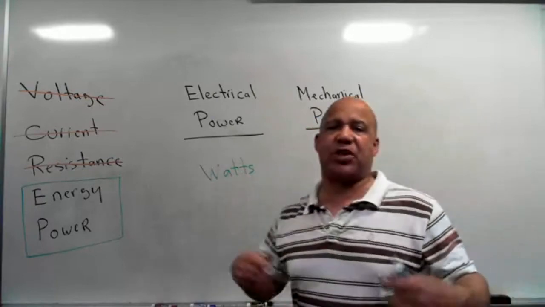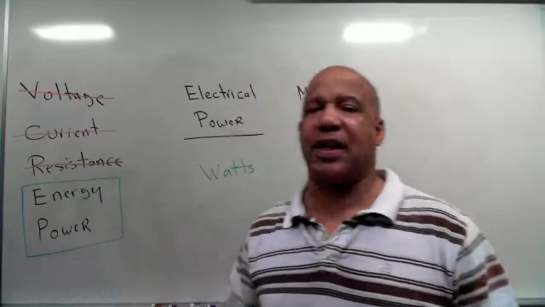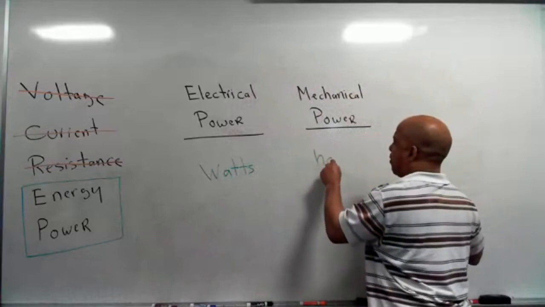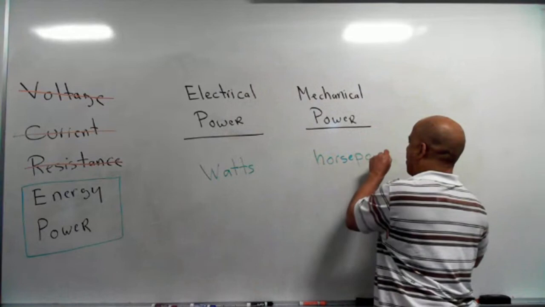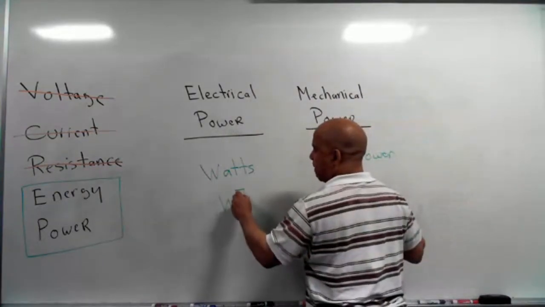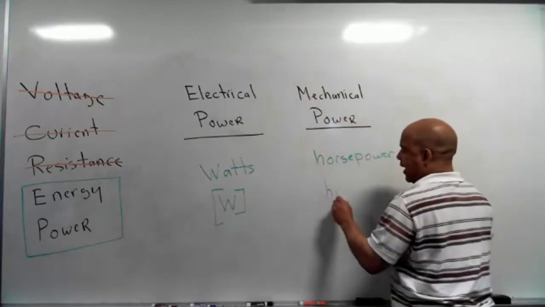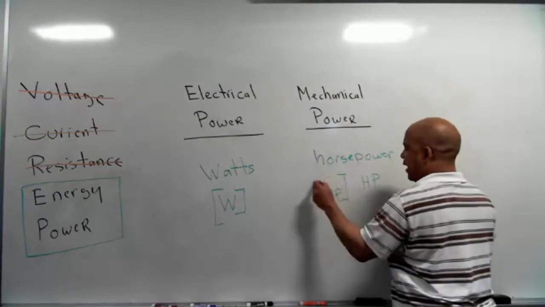If I have some kind of machine, like a motor, that moves, usually they don't rate that in watts. They use something called horsepower. The unit for this is a capital W, and the unit for this is lowercase hp or uppercase HP. I like to use the lowercase one.